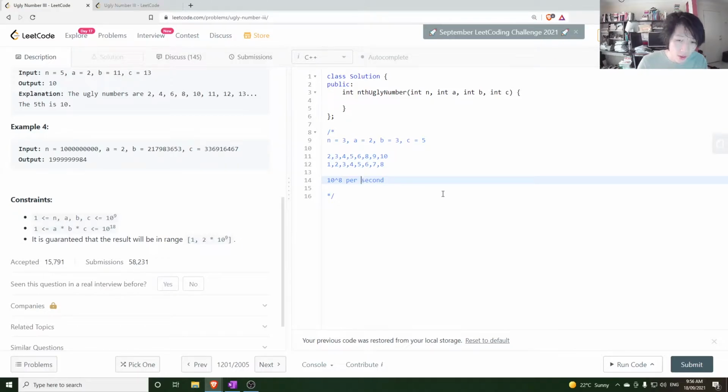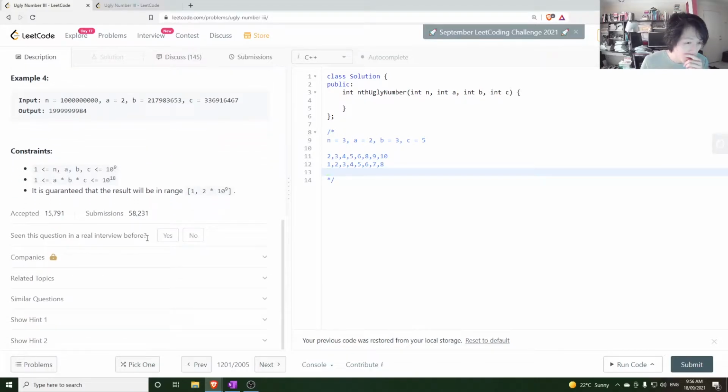So we can't just do a linear loop. I need a little bit of help to find what to do, but you can do a binary search.